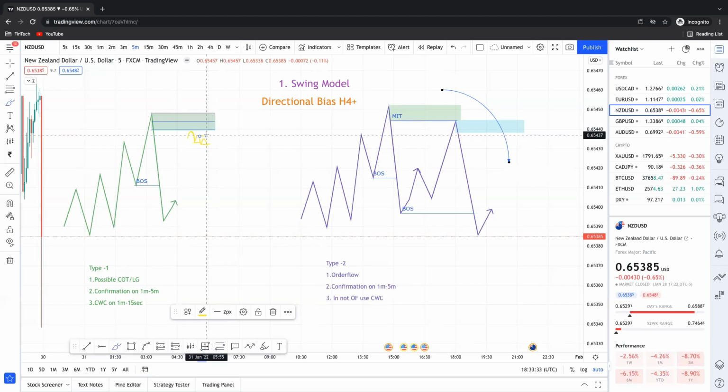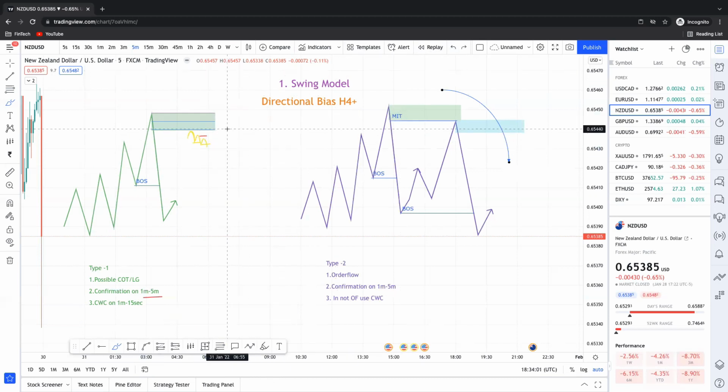So the confirmation I'm looking for is from 1 to 5 minutes. Let's say this is H4, the point of interest is H4, and the price touches here. I go to the 1 minute time frame and see whether there are two breaks of structure here, with mitigation or not.